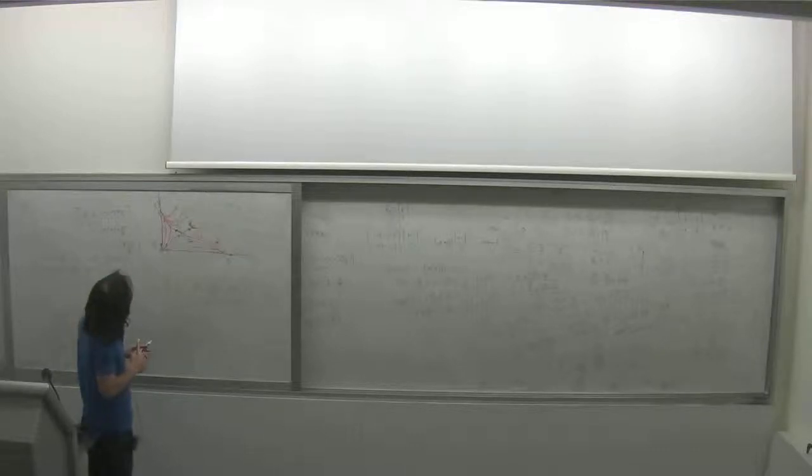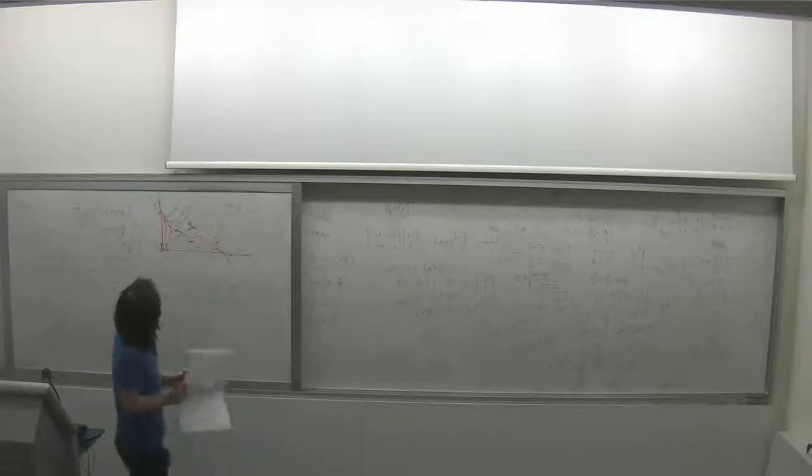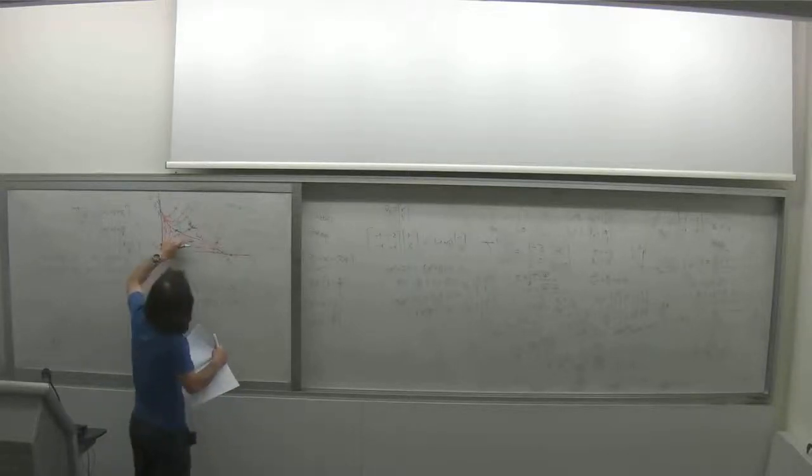Okay. So there should be no x components. So trajectories should be... sorry, I was drawing the wrong thing.